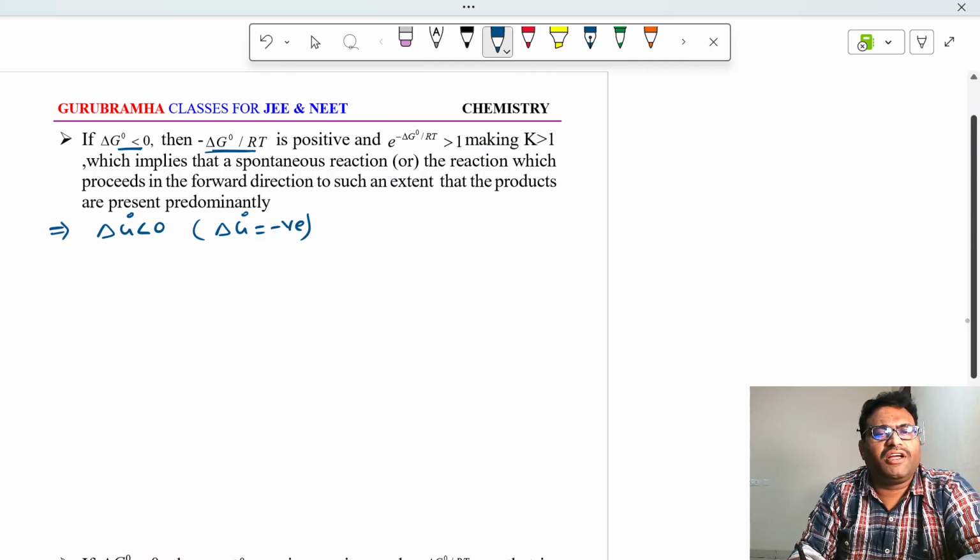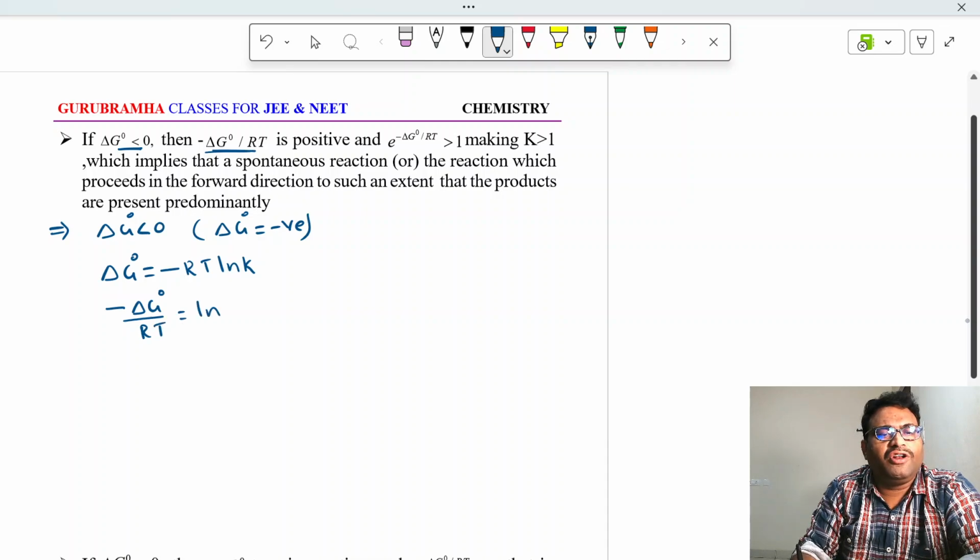We know the formula: delta G naught is equal to minus RT log K. So I can write minus delta G naught by RT is equal to log K. If delta G naught is negative, negative into negative by RT, negative becomes positive. That means log K will be positive.